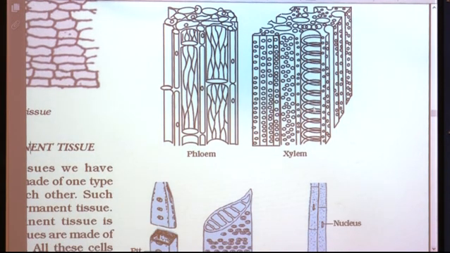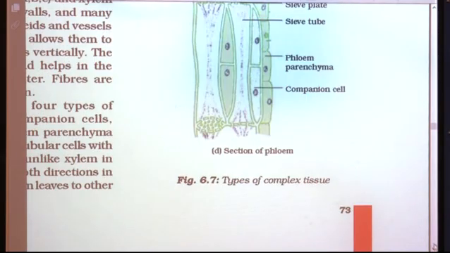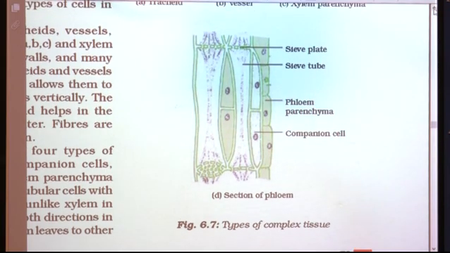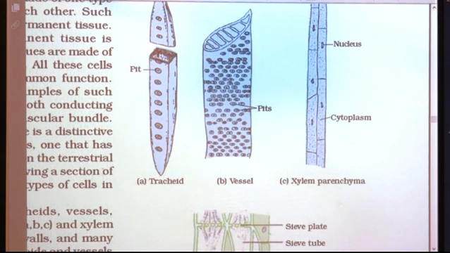You can see here this is phloem and this is xylem. Just look at these figures. Here you can find the types of complex tissues are shown. This is tracheids, these are vessels, and these are xylem parenchyma.